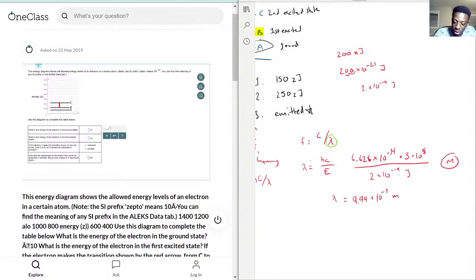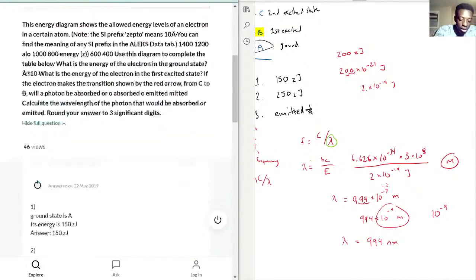But this question specifically asked for nanometers, and nanometers is 10 to the negative 9. So if we move this 2 over, allowing us to subtract 2 here, we have 994 times 10 to the negative 9 meters, which can now be translated to 994 nanometers. So that would be our wavelength of the photon that's emitted from this change.